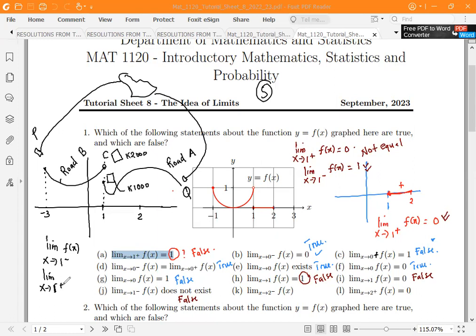Then you won't even care about the route. After all, you find them in the same room, in the same hotel. So if they are arriving at different places, then the limit does not exist. If they are arriving at the same place, then the limit does exist. That's the actual idea of limit.